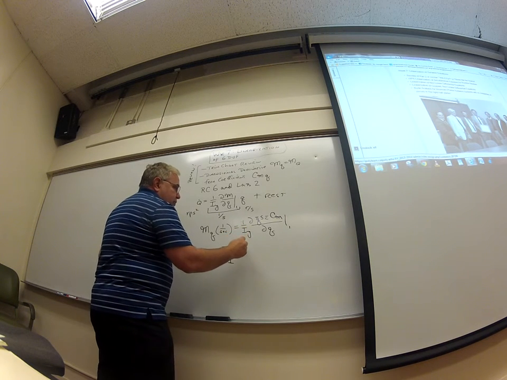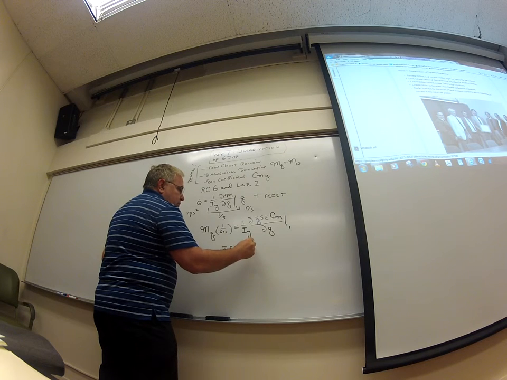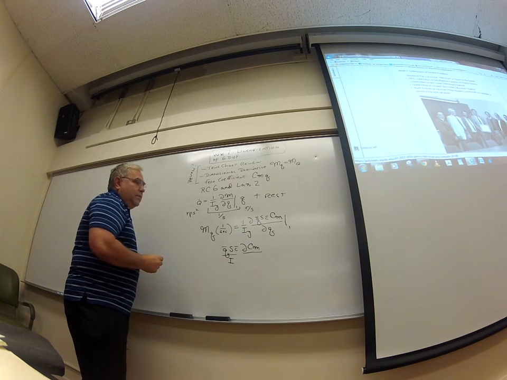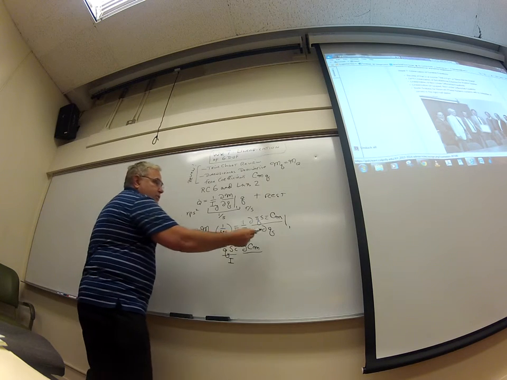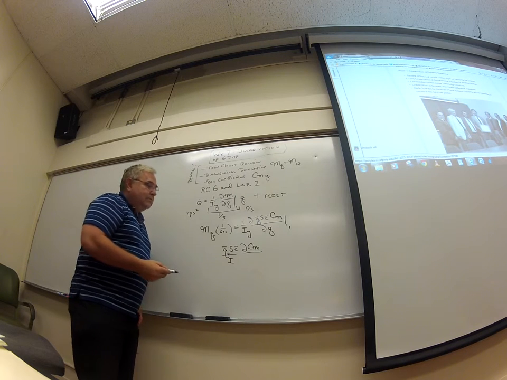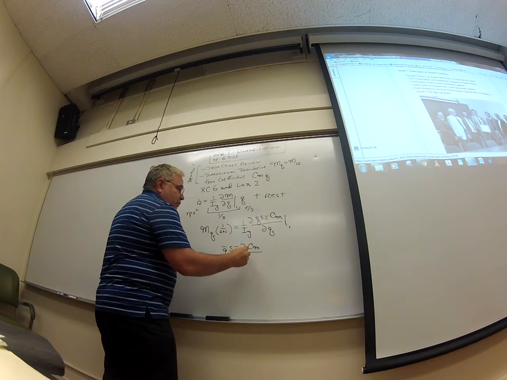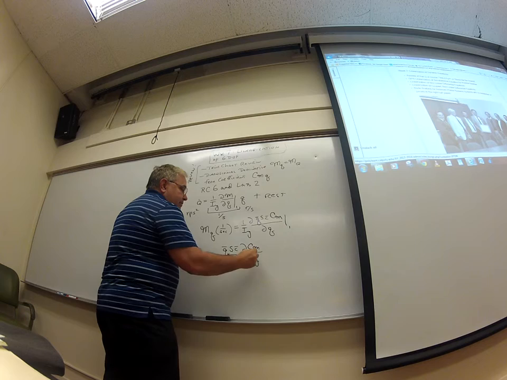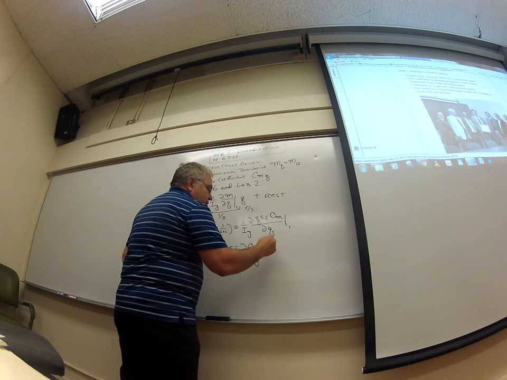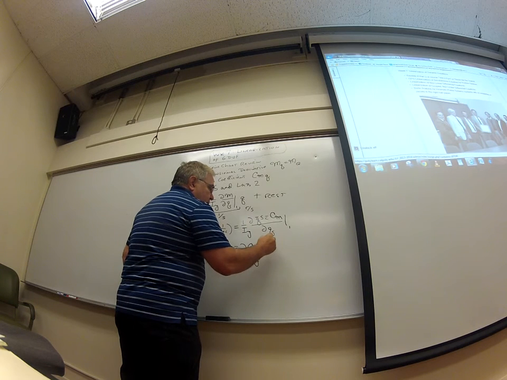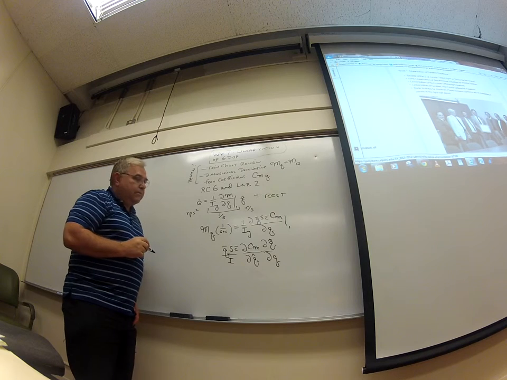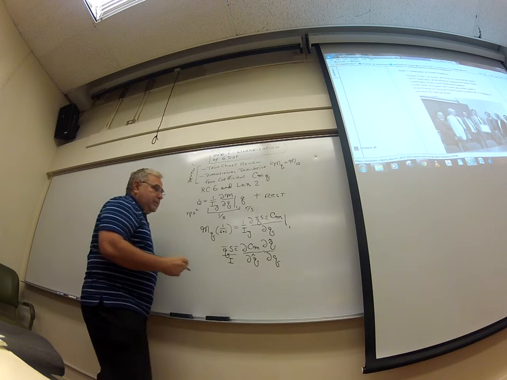And now I've got partial C sub M over partial Q. But I'm going to have units on that, because Q has units of radians per second, so that's not allowed. So I have to have partial CM over partial Q hat, where Q hat is going to be dimensionless. Then I have to take partial Q hat over partial Q, which by the chain rule gives me back what I had before.